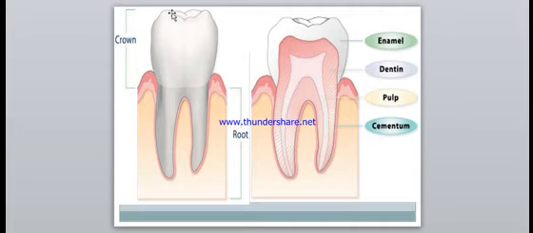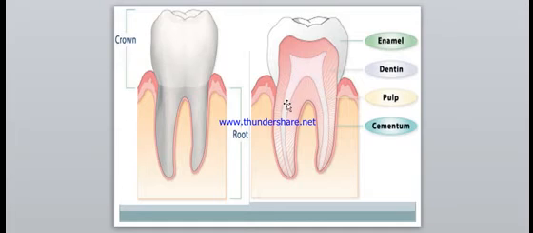This is the crown of the tooth, and this part is the root. This external layer is enamel, followed by dentine, down to the root.